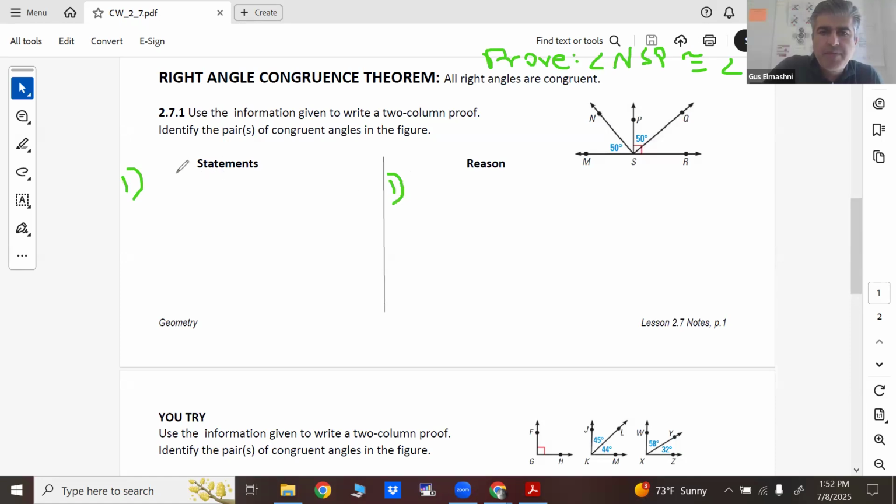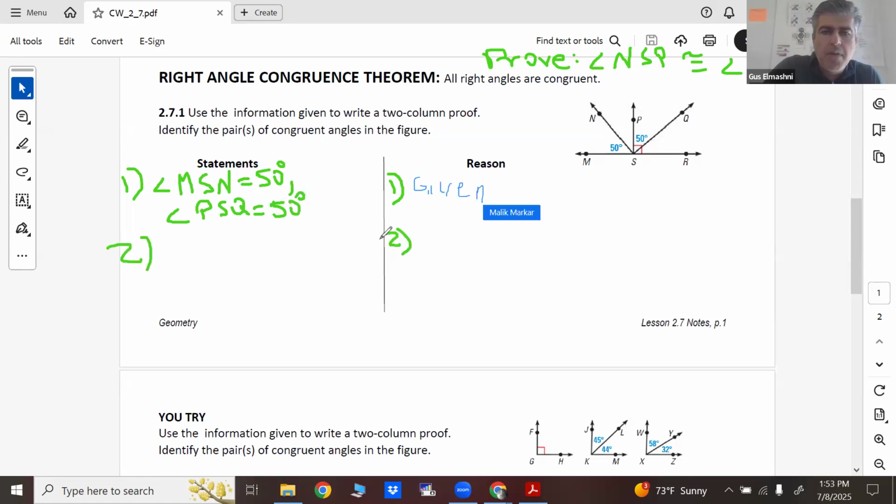So you can first off by saying angle MSN equals 50 degrees, and what's this? Angle PSQ, and that's given. Okay.